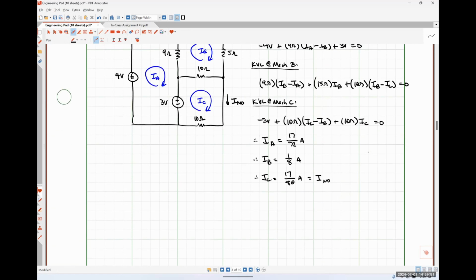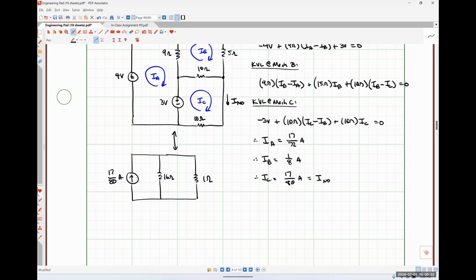So we now know that a 17/80 amp current source in parallel with a 16 ohm resistor in parallel with a 1 ohm resistor is electrically equivalent as well, because our Norton equivalent circuit is just our Norton current in parallel with our Thevenin resistance that we found earlier.